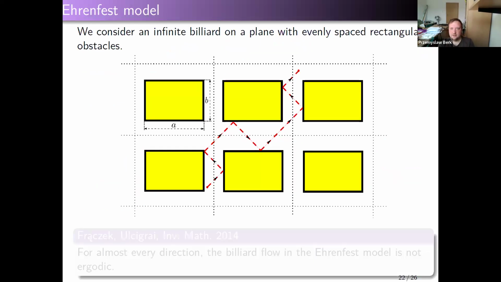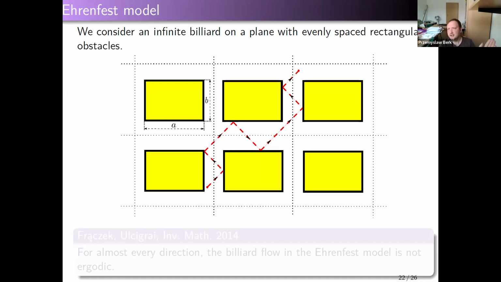So we consider the so-called Ehrenfest model. You take a plane and take every point given by Z^2, and in the center of each point of Z^2 put an identical rectangular obstacle, like in the picture, and play billiard in this infinite picture.